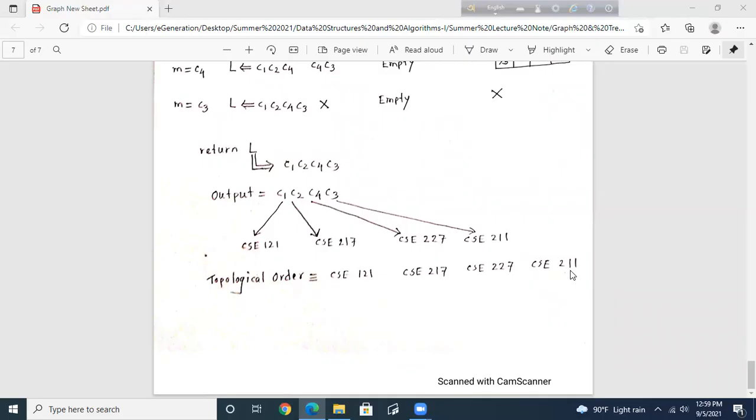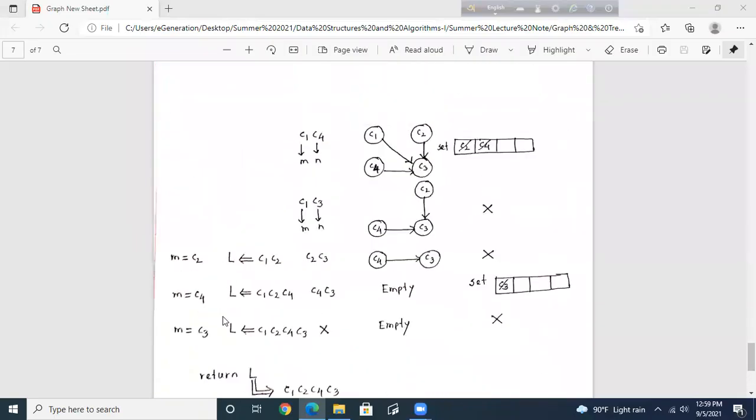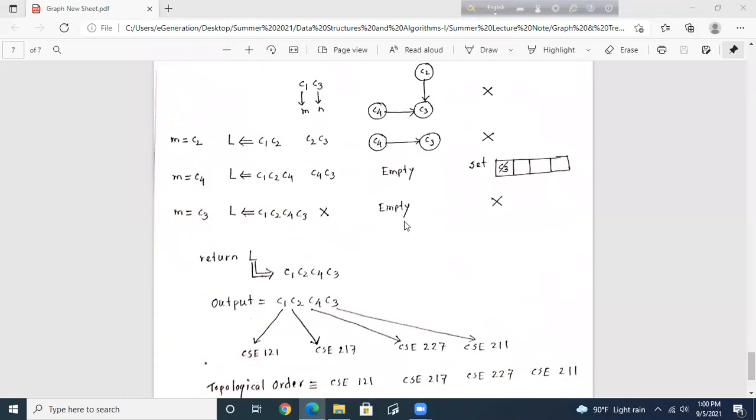So dear student, here in the final stage, what is your final output? According to the algorithm, if the graph has edges, then return an error. But if you look at our final stage, our graph is not available. Our graph is empty.